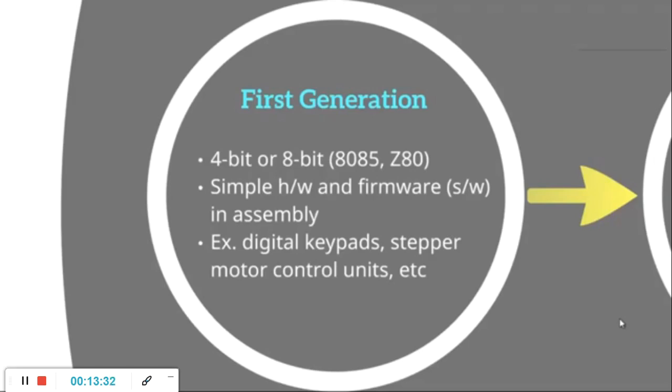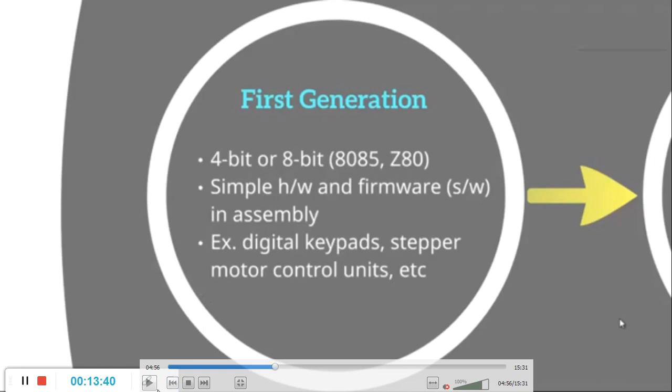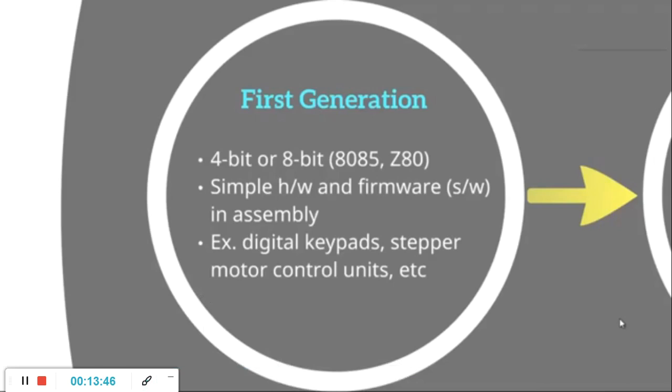In the first generation, 4-bit and 8-bit microcontrollers were used, with simple hardware and firmware, and all the software was written in assembly language. Example products are the digital keypad, stepper motor control unit, etc.